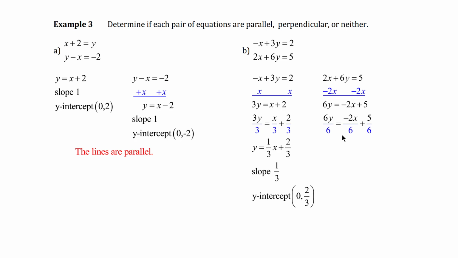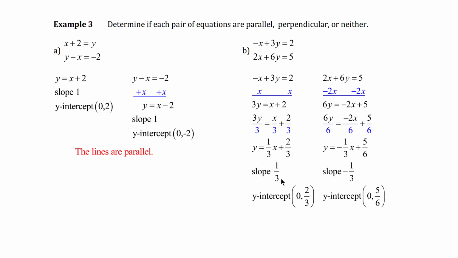Simplifying the left-hand side, 6y divided by 6 is y. Simplifying the right-hand side, we have negative 2x divided by 6 is negative 1/3 x, and then we bring down the 5 over 6. The result is y equals negative 1/3 x plus 5 over 6. We can now see that the slope is negative 1/3, and the y-intercept is 0, 5 over 6.